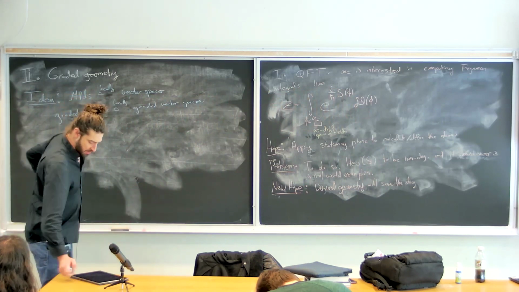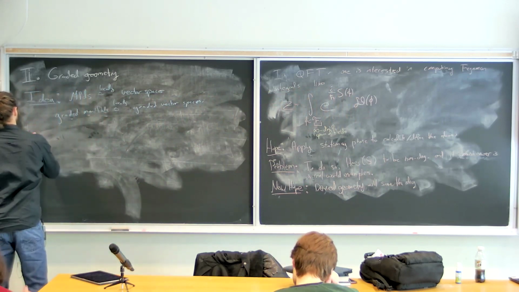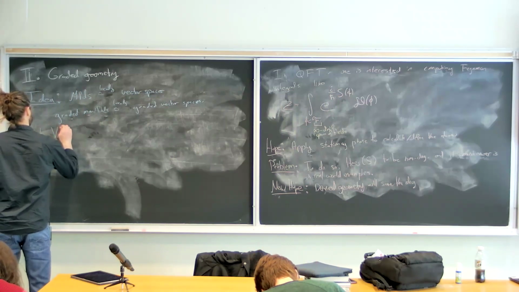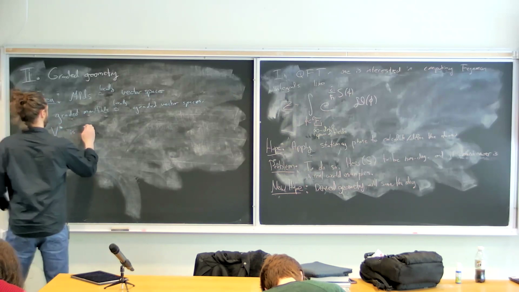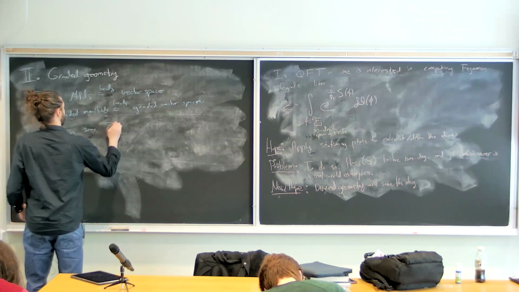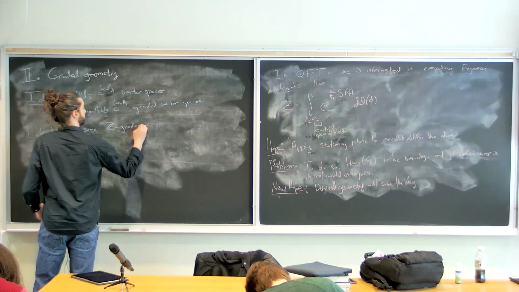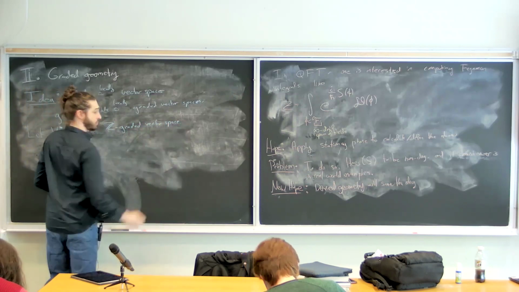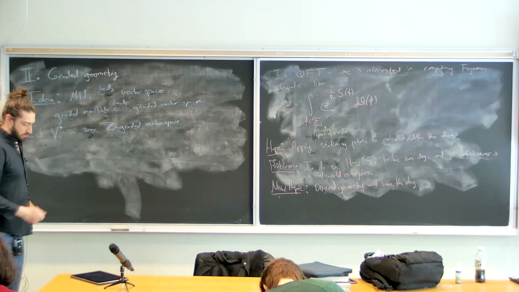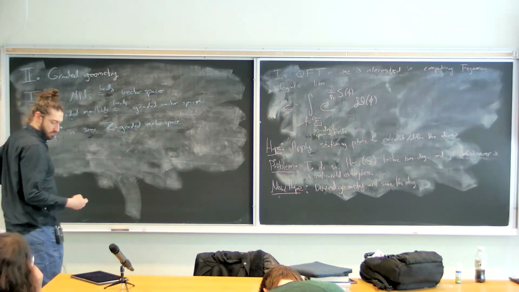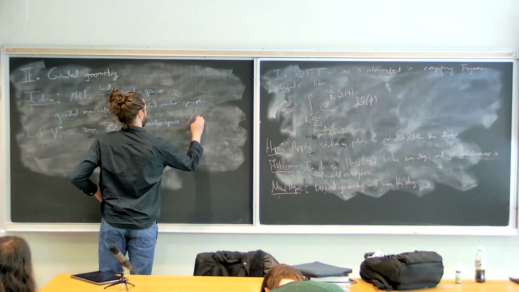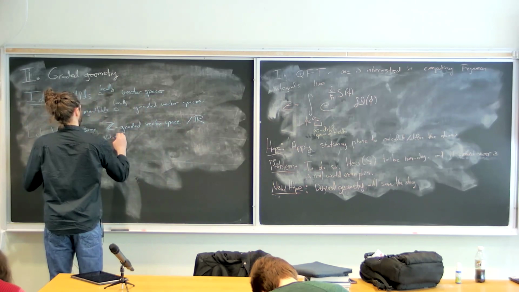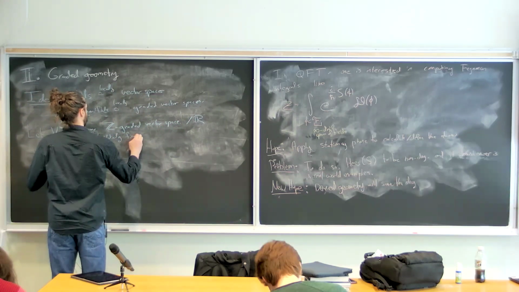You have to have some way of viewing a graded vector space as a kind of geometric object. Well, here's one way to proceed. Let's say that V^bullet is some Z-graded vector space over R, and let's say that it's globally finite dimensional.